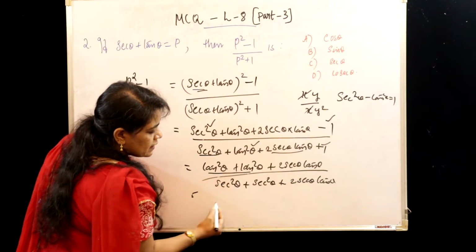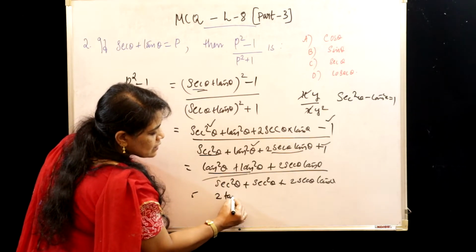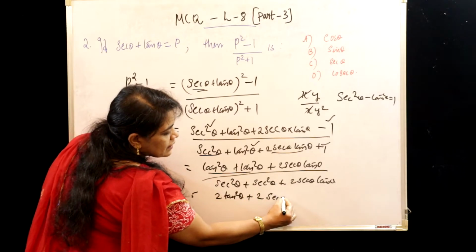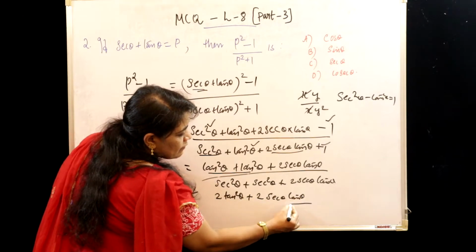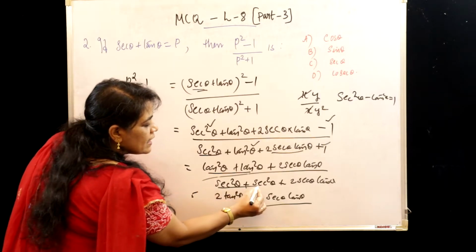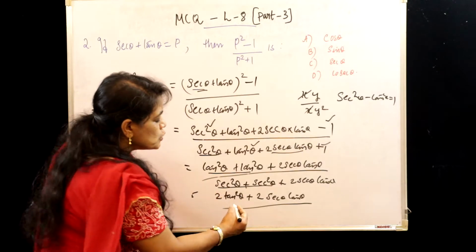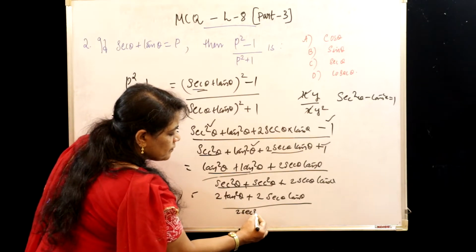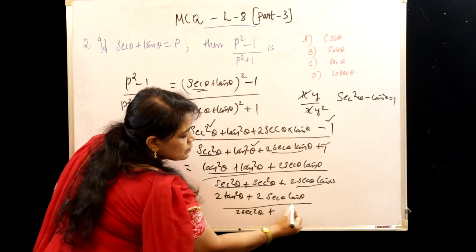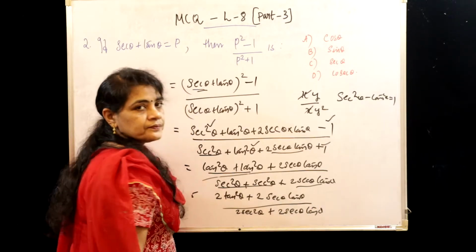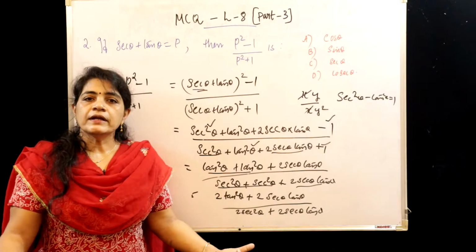So these together, 2 tan square theta plus 2 sec theta tan theta divided by, in the same way here, sec square theta plus sec square theta is 2 sec square theta plus this term 2 sec theta tan theta. So what can be done in the next step?